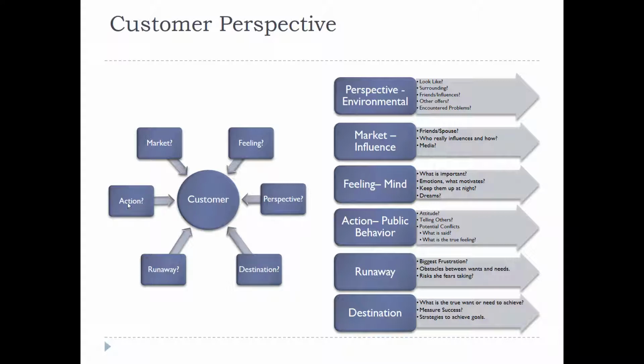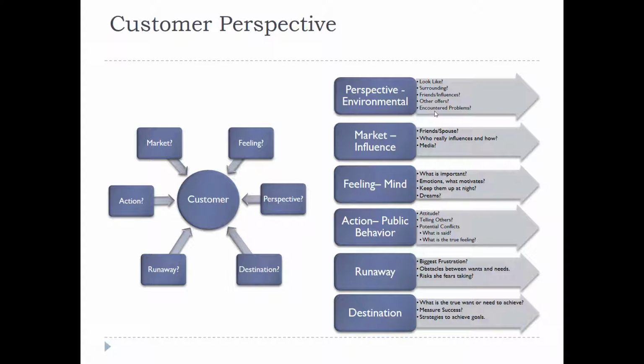Over to the right side of the presentation, we get a little bit more granular on that perspective. What's that environmental perspective look like right now? What's the surrounding area? Who are the friends and influencers in that customer's world? Are there other offers?